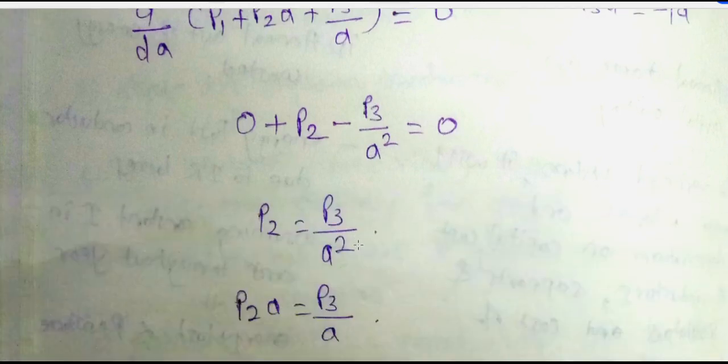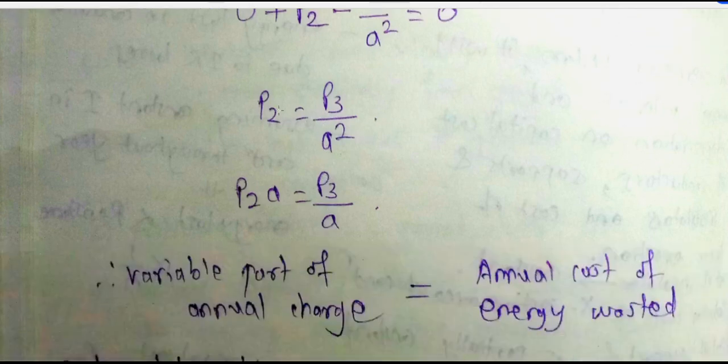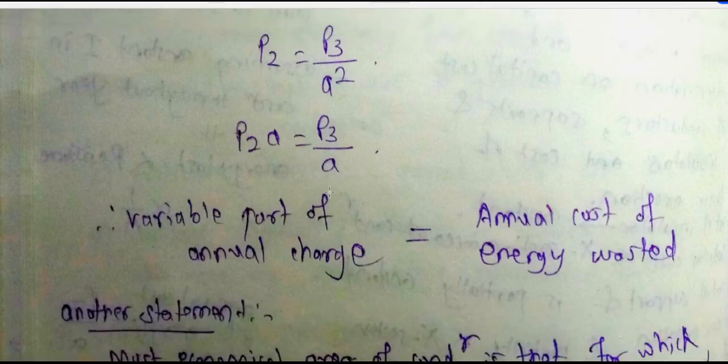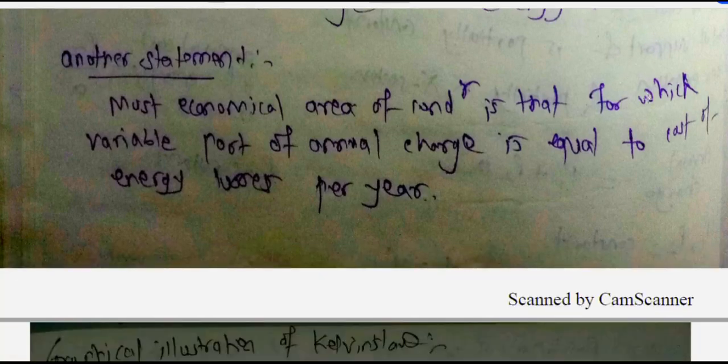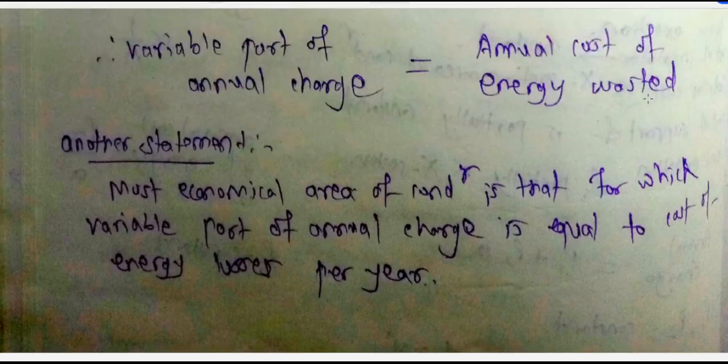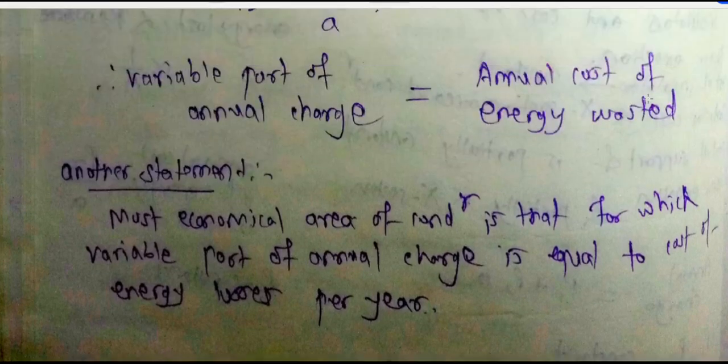Solving this, P2 is equal to P3 by A square, and by rearranging the terms, P2A is equal to P3 by A. It means that the variable part of the annual charge is equal to the annual cost of energy wasted. So we can make the statement: the most economical area of the conductor is that for which the variable part of the annual charge is equal to the cost of energy losses per year. This is called the derivation of Kelvin's law.